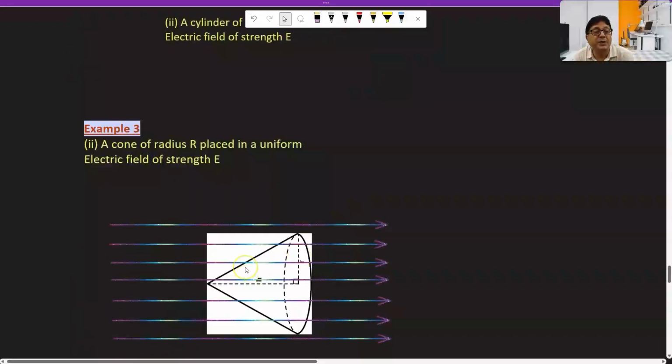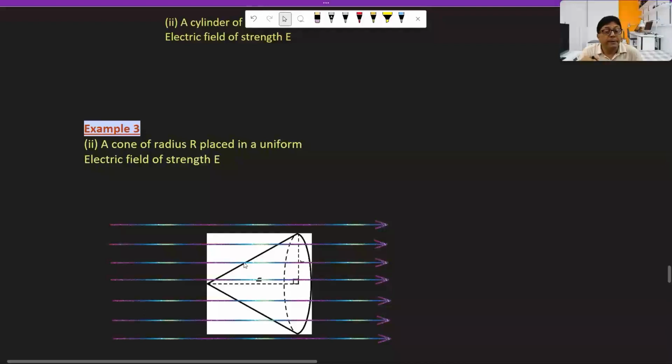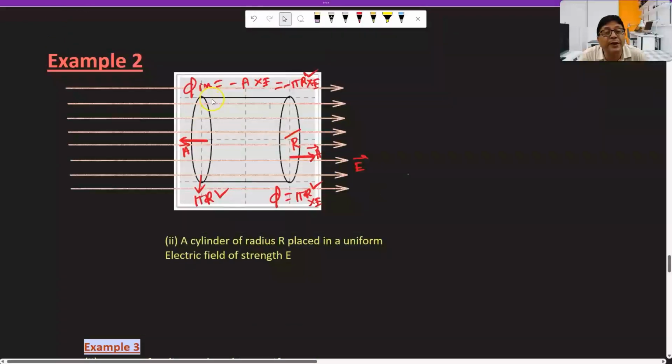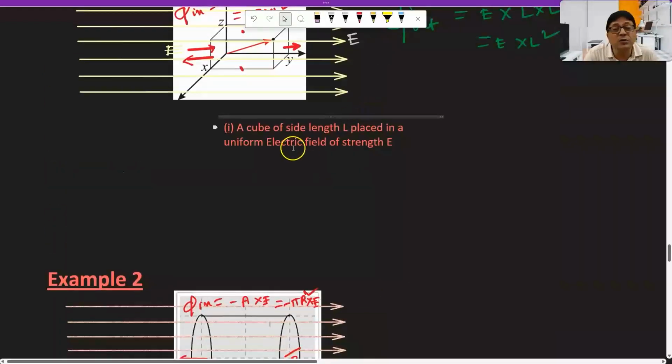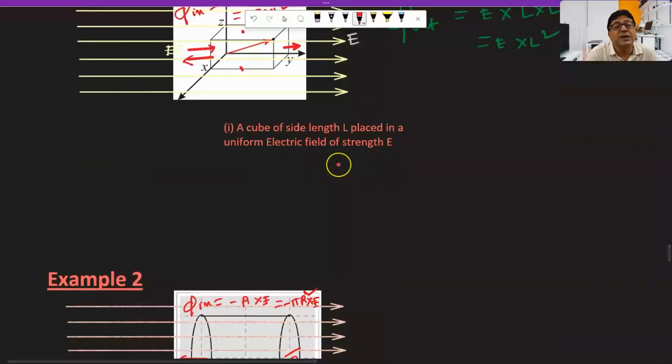Let us see this one. Cone of radius R placed in uniform electric field of strength E. Complication starts from here. Because field lines in the previous two examples were going parallel to these curved surfaces, it was not a problem at all, because those lines of forces running parallel do not create any flux for this one.